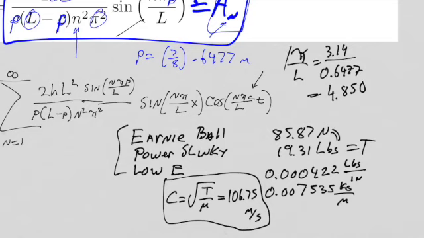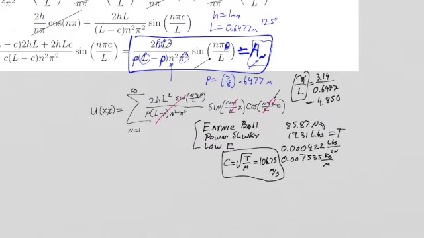So we know pi over L, and we know c, which means, God, do we have it finally? We know this and this and this, this and this. We know everything here, so we're done. We have actually solved this problem.